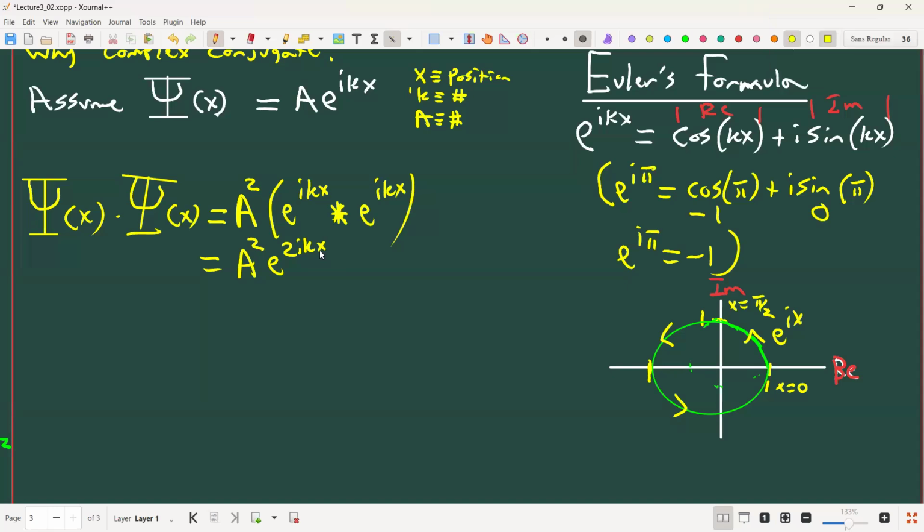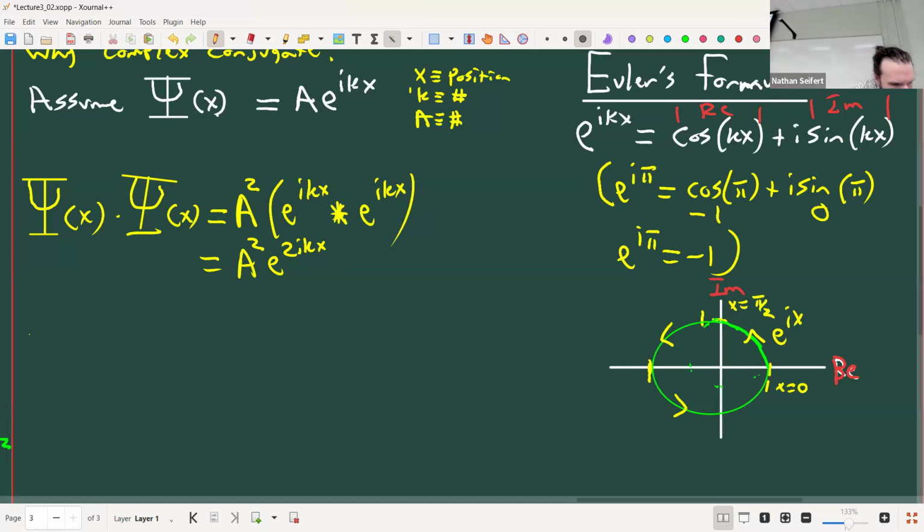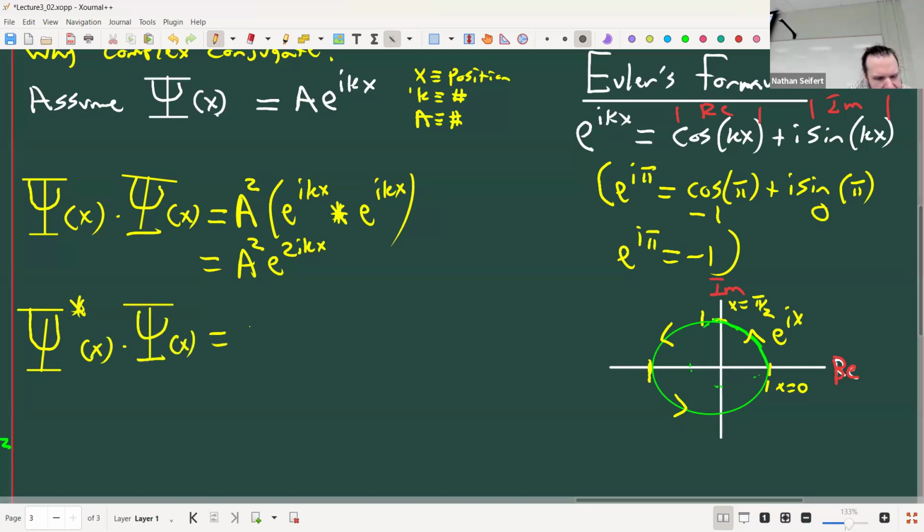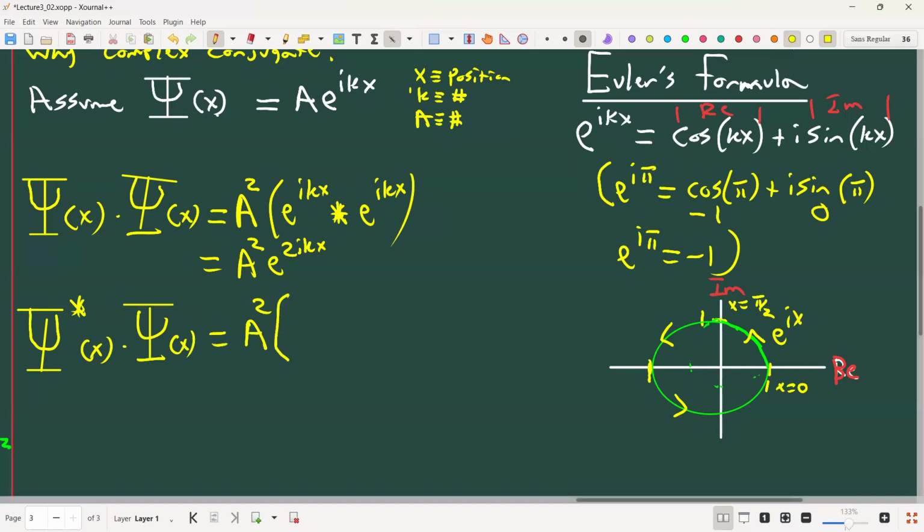All right, so that's not very helpful. Again, remember, we can't measure complex things. Things can move in a complex way, but we can only measure the real part of it. We can't measure the complex part. We can only measure along this axis right here, along the real axis. So let's try it with the complex conjugate instead. Now if I take psi star of x times psi of x, again we get an A squared from multiplying the two coefficients, but the first psi has a negative sign on the e.